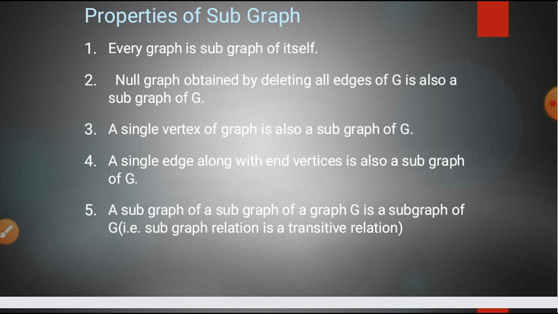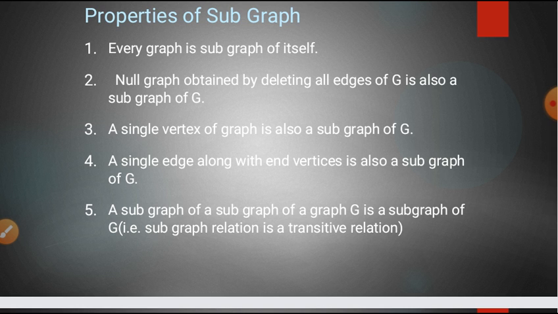The fifth property is that a subgraph of a subgraph of a graph G is a subgraph of G. Of course, we extract some portion from G, and again we partially represent that subgraph.